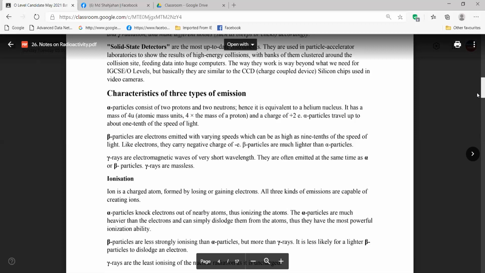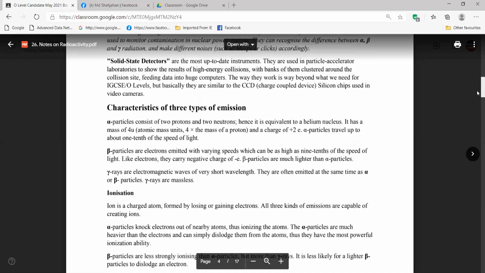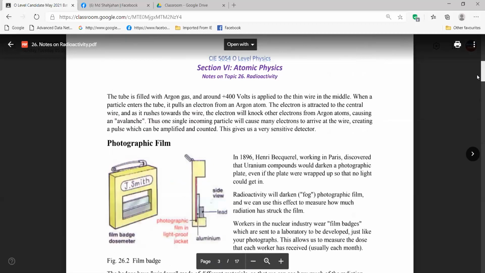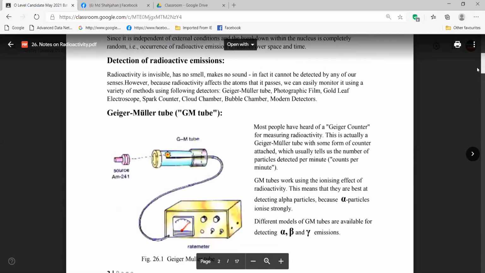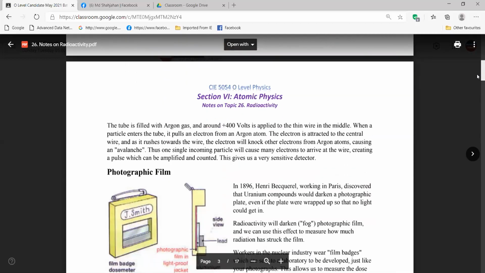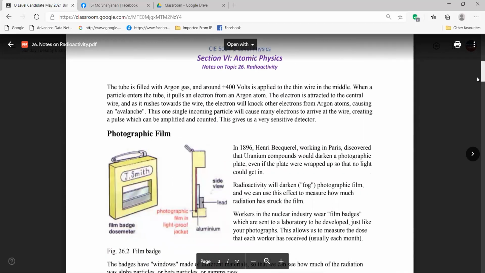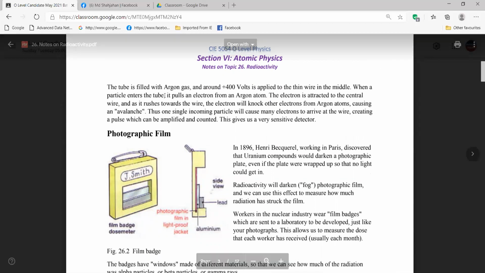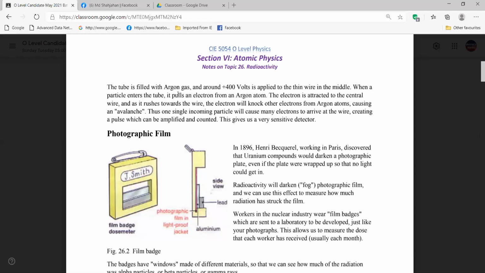Okay, ionize means the alpha particle is passing very close to an argon atom, right? Which one is neutral, argon. Can you remember we had this in the Geiger-Müller tube? We had argon, right? So this argon gas is ionized by these emissions, and when they are ionizing, that means it pulls an electron from an argon atom.